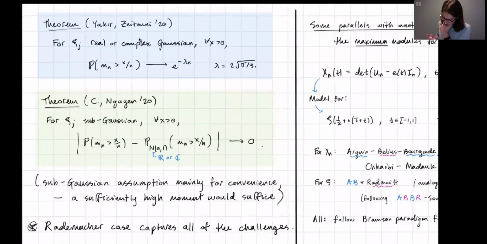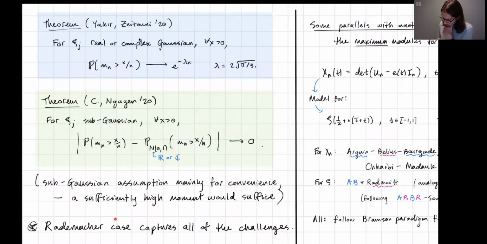One thing I will say is that I mentioned before that the two important cases are the Gaussian case and the Rademacher case. With the Gaussian case, you have all kinds of tools available. With the Rademacher case, you don't have those, and there are certain arithmetic difficulties that come up that aren't in the Gaussian case. So the proof ideas for extracting the limit in the Gaussian case are orthogonal and very different from what's required to get this universality result.